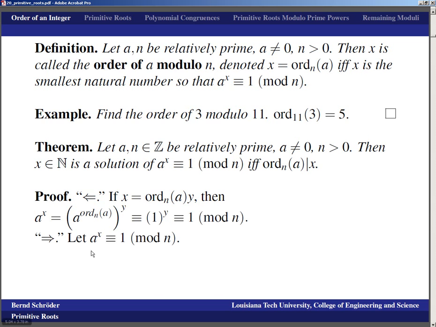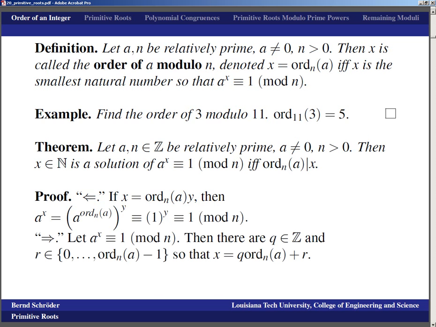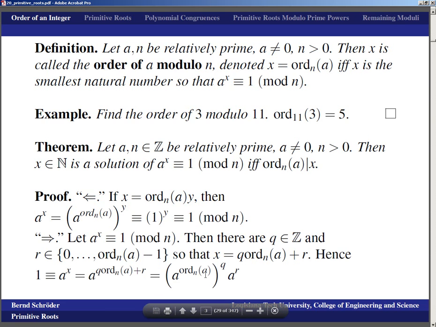For the other direction, we assume that a to the x is equivalent to 1 modulo n. Then there are a q in the integers and an r between 0 and 1 less than the order of a, so that x is q times order of a plus r. That's just the division algorithm. And that means 1 is equal to a to the x, which is a to the q times order of a plus r, which is a to the order of a to the q times a to the r.